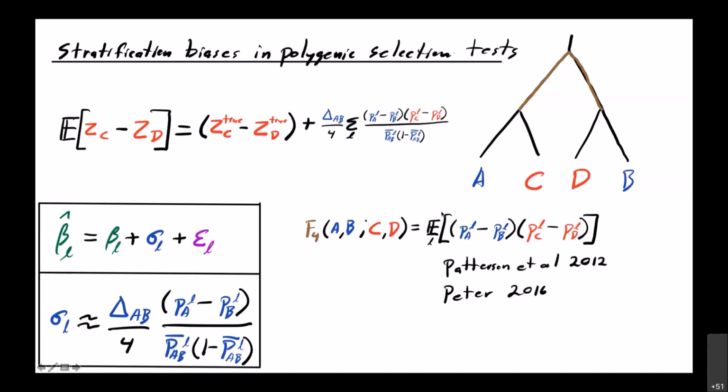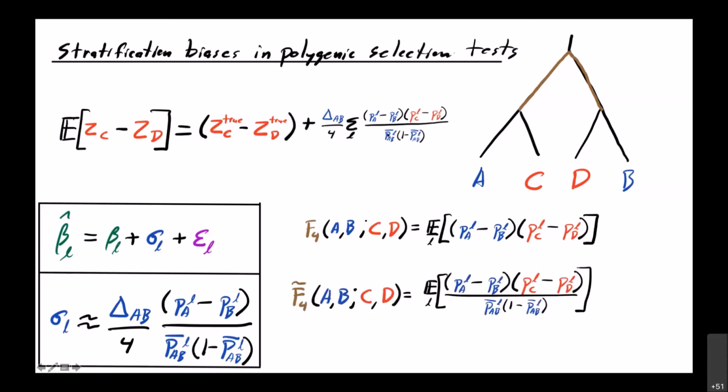An F4 statistic was first introduced, as far as I'm aware, by Patterson et al. in 2012, reviewed in this paper by Ben Peters. Fantastic paper that you should take a look at if you're not familiar with these statistics. But basically, these statistics measure how much shared branch length there is in this A versus B comparison versus this C versus D comparison, right? And so it's this gold branch that I highlighted here that this F4 statistic is measuring.